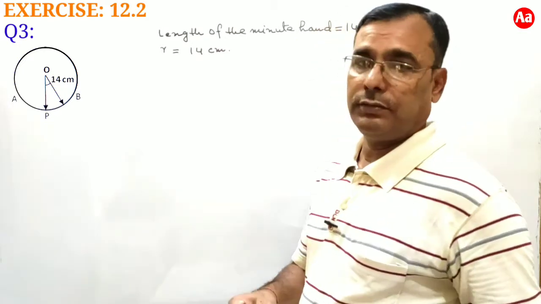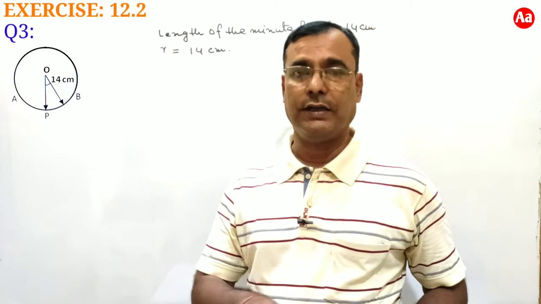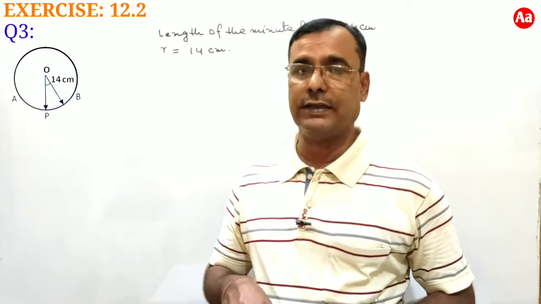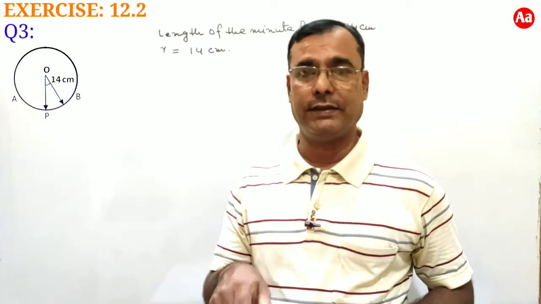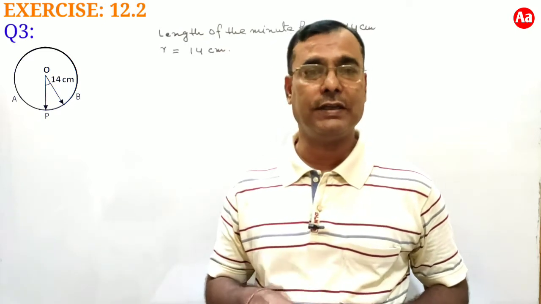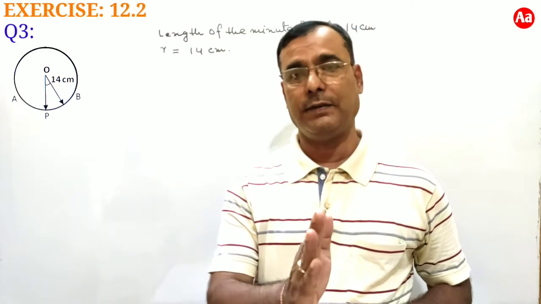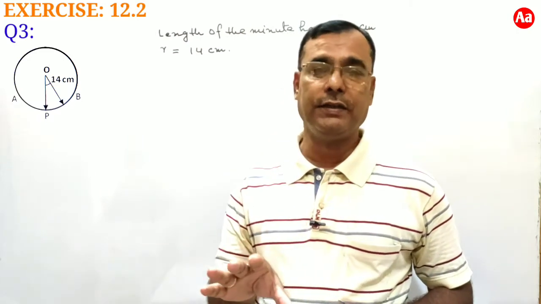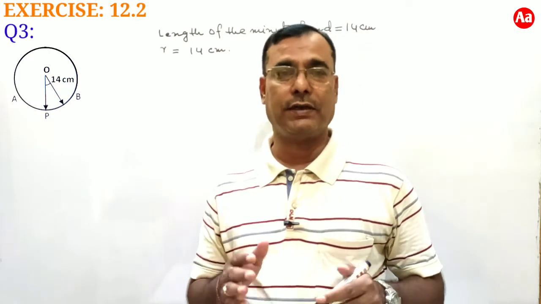So we know that there are 12 equal divisions on the dial of a circular clock, and the total angle at the center of the dial of a clock is 360 degrees. So the area swept by the minute hand in 5 minutes will be in the form of a sector, and that sector angle we are going to find out.